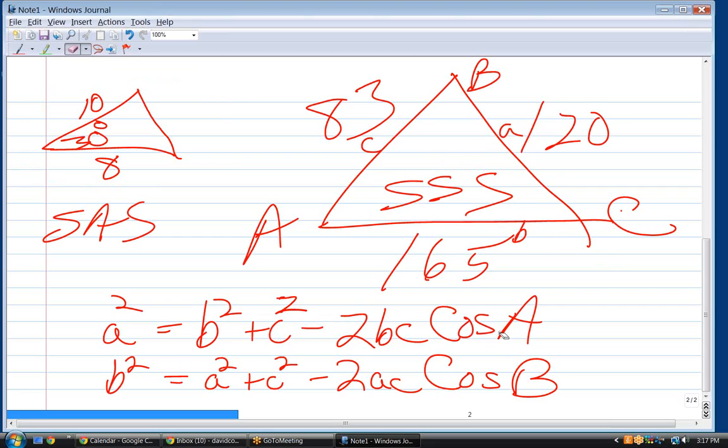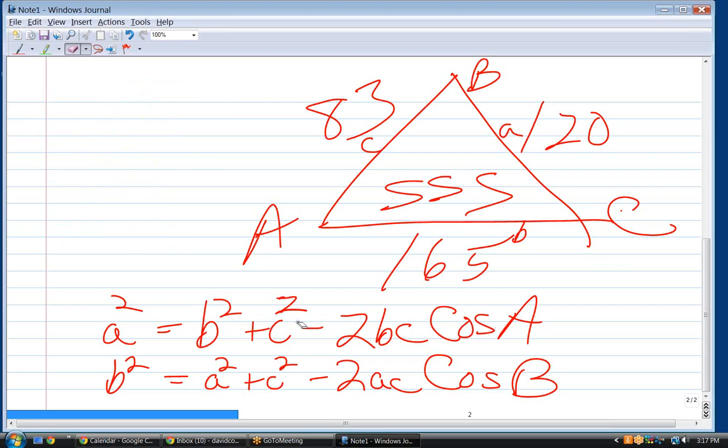Okay, well, in this one, I'm going to use this formula.